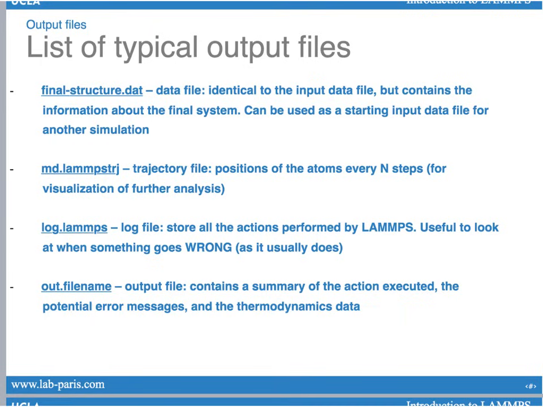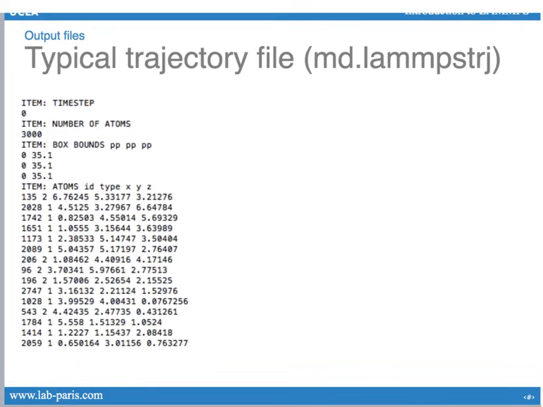And it will also provide all the thermodynamic data. So everything that you put in the thermo_style command, so all the thermodynamic data that are defined for the whole system: the temperature, the pressure, the potential energy, the size of the system, its volume, its density. All that information that is defined for the whole system will be provided in the output file.